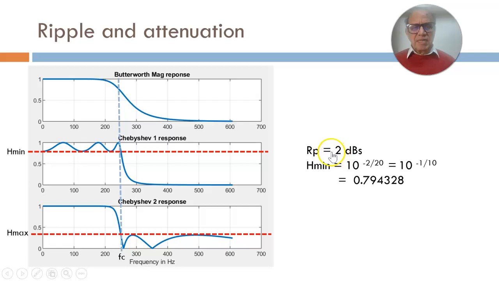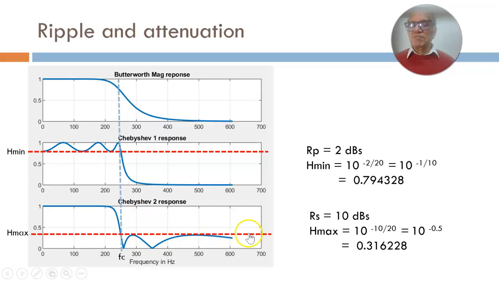In typical applications, Rp could be much smaller than 2 dBs. It could be 1 dB, 0.1 dB, etc. But in order to clearly show the ripple, I have used Rp equal to 2 dBs here. So H minimum will correspond to 0.79. Although for smaller values of Rp, clearly H minimum will be larger than this. Okay.